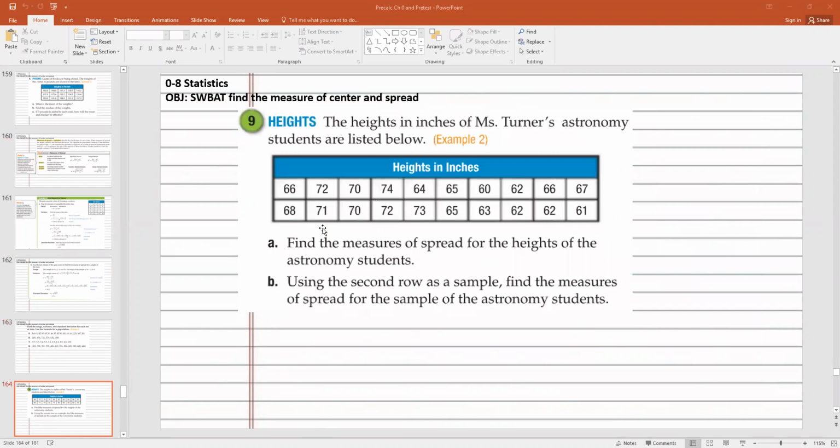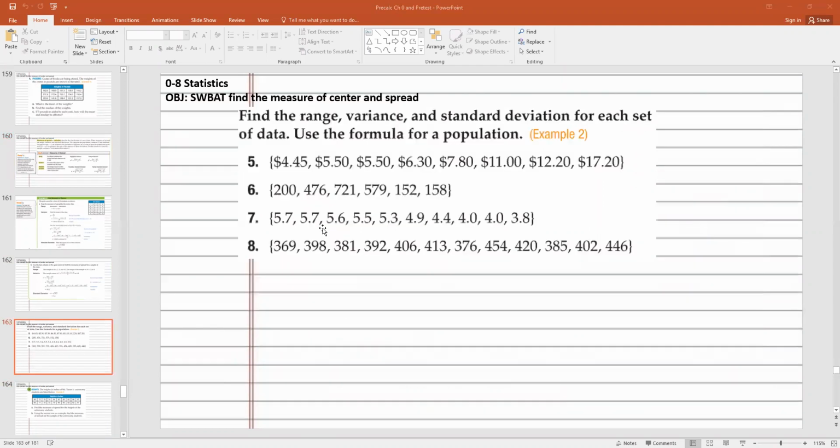I would do the word problem, but I want to make sure to show you everything. We're going to find the range, variance, and standard deviation of each using the population, not the sample, because we're not taking part of it. Sample would mean we're going to get rid of these and just use this part, just a few of them, not all of them. But here we're using everything. So it's the population.